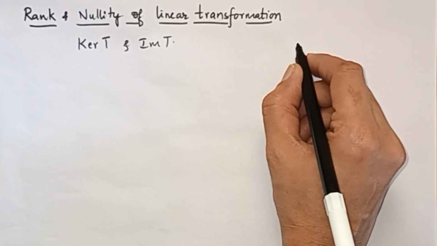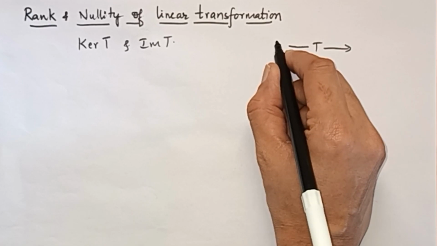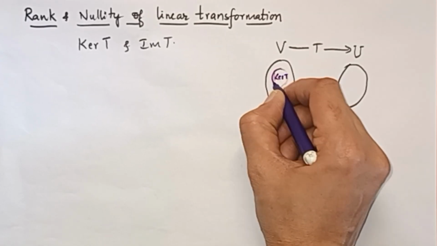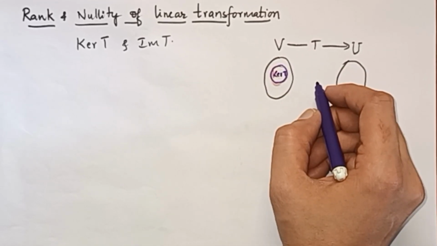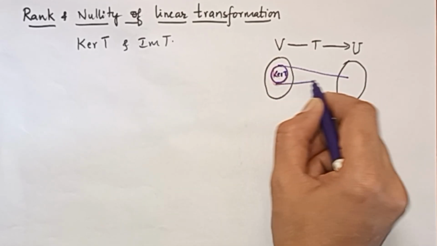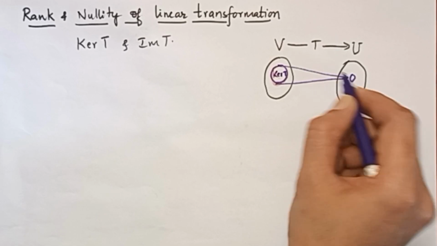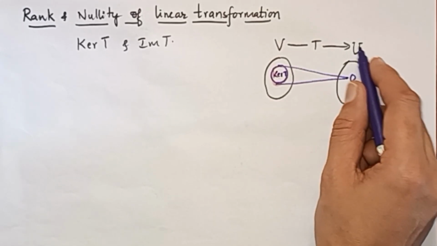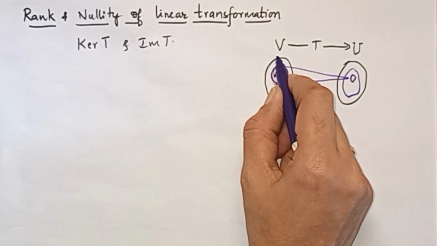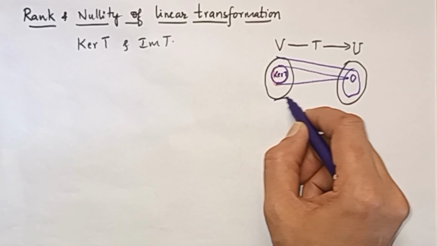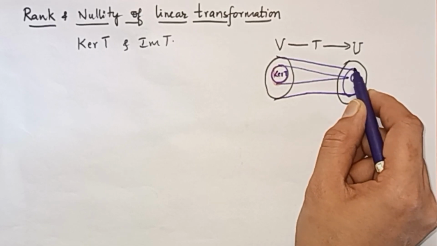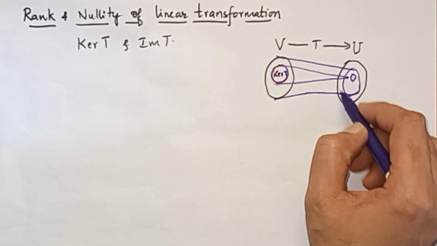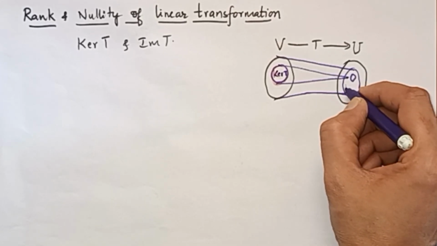Suppose you have a transformation T from a vector space V to a vector space U. Kernel of T is a subspace of V, that is nothing but all those elements which map to 0 of the other vector space U, and image of T is a subspace of U, so the whole vector space V gets mapped to some subset of U, and that forms the image of the transformation.